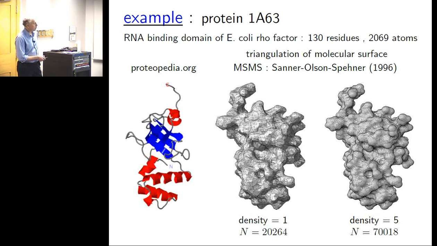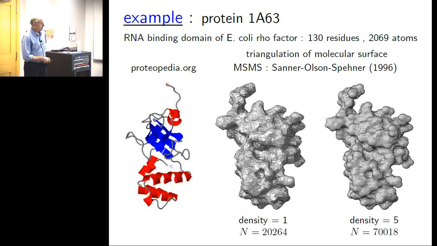The molecular surface that we use in our numerical method, we use a triangulation of the molecular surface. This is created by some software called MSMS by Michael Sanner and his collaborators. That software takes the input atom positions, and it produces a triangulation.